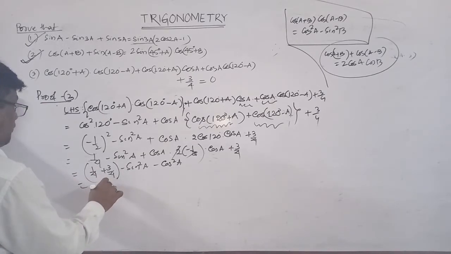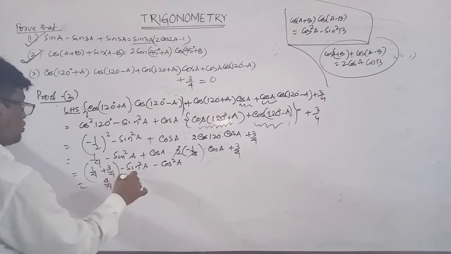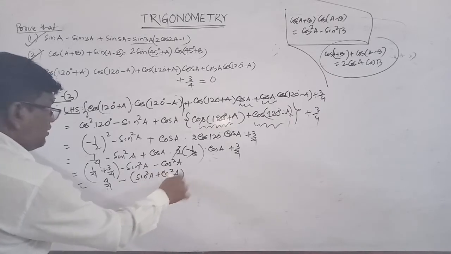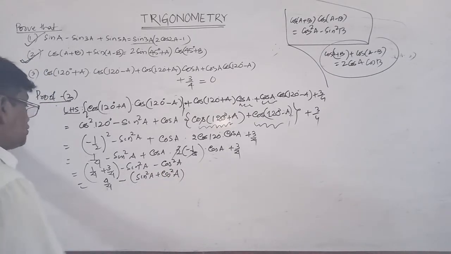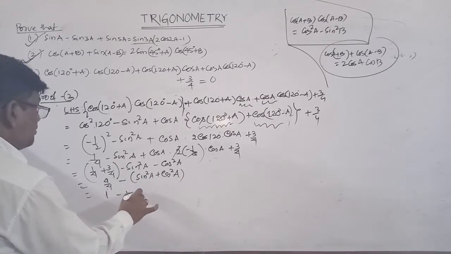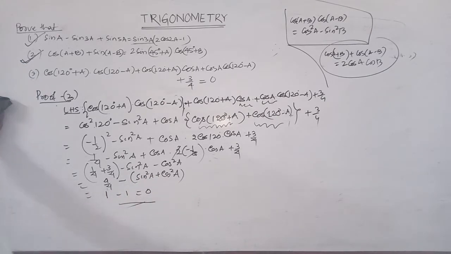And minus, common here, sin² A plus cos² A. So 1 minus (sin² A plus cos² A), equal to 1 minus 1, which is equal to 0. This is the proof of question number 3.